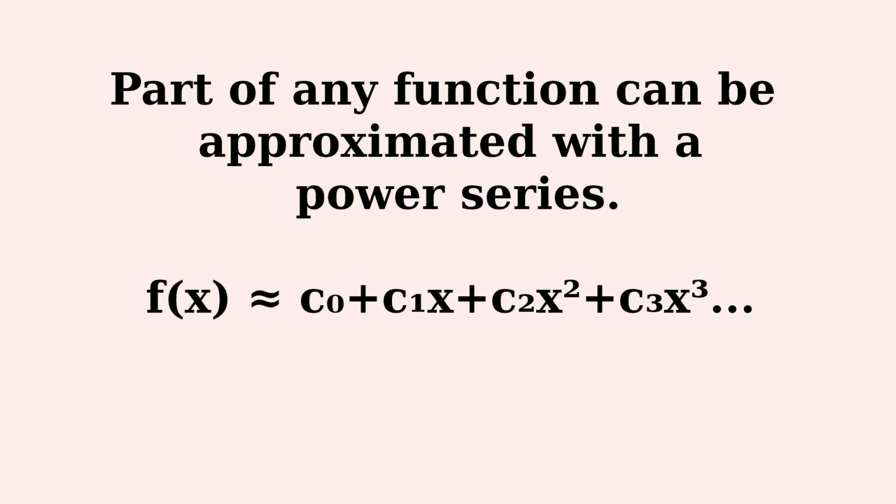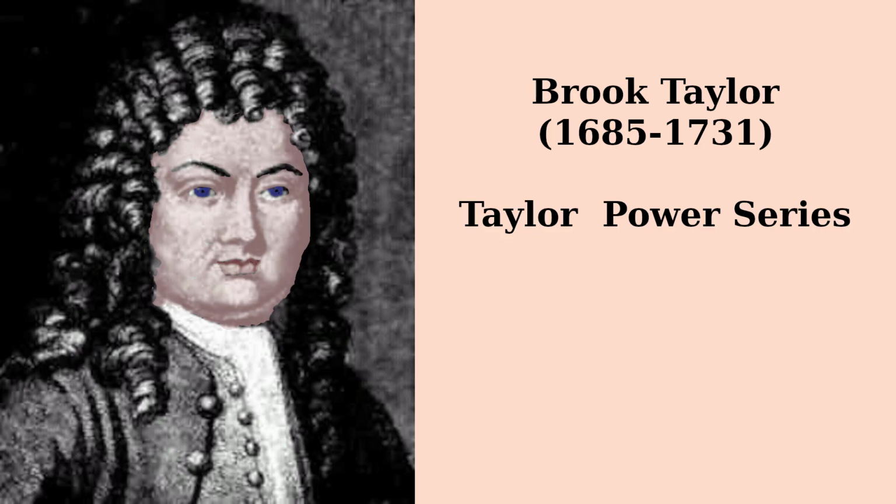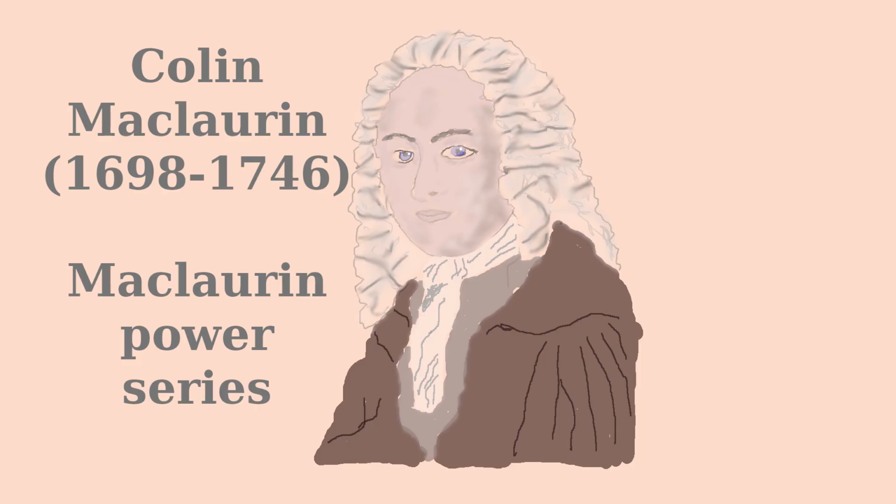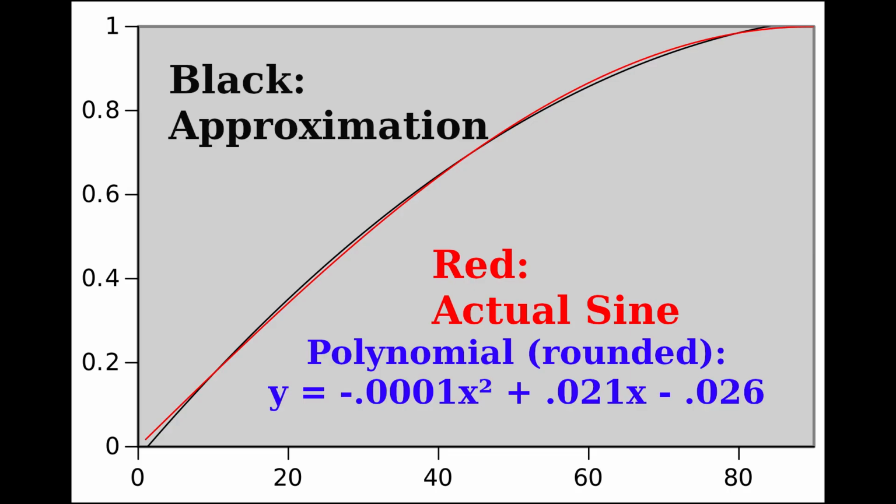After the 18th century work of Taylor, Maclaurin, and others, finding a good polynomial became fairly easy. Here is an example of a square law function roughly approximating a sine function.